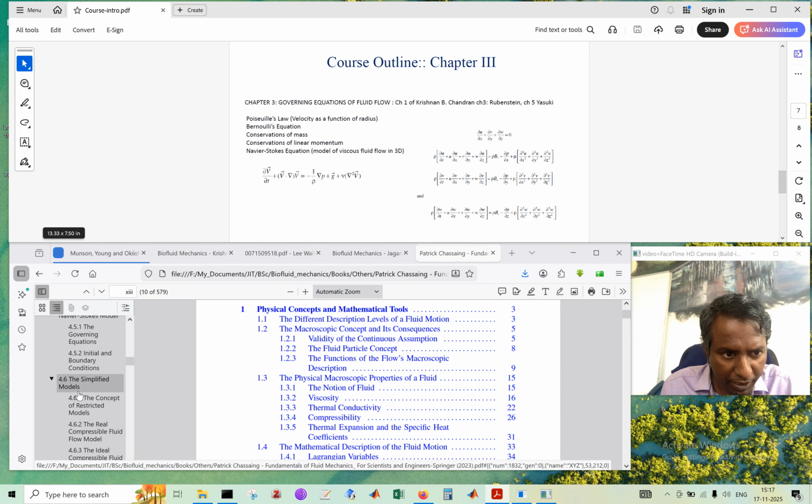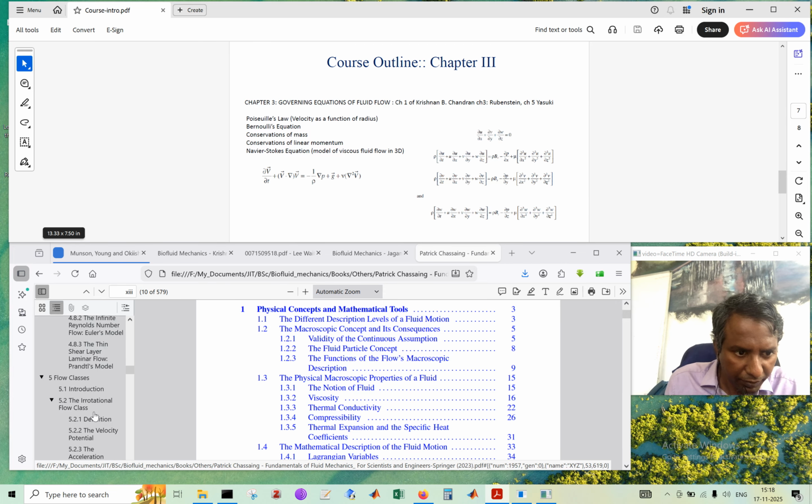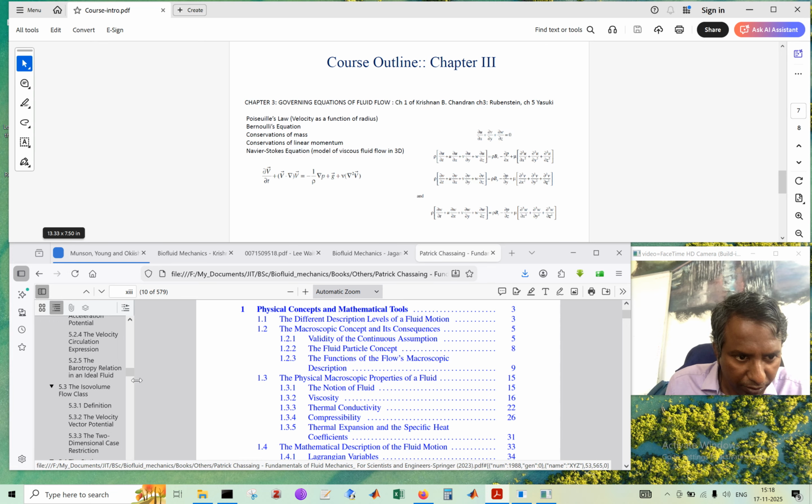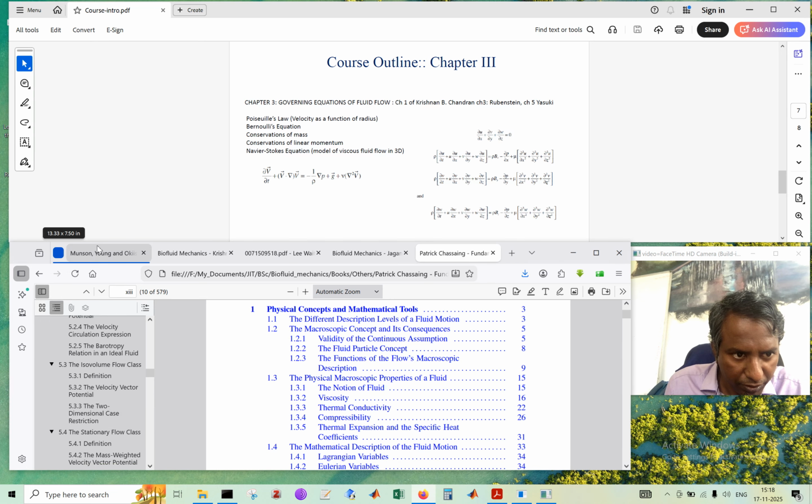Particularly, we'll start with the derivation of the Reynolds transport theorem, which is covered in this chapter 4. The derivation of the Reynolds transport theorem is important.